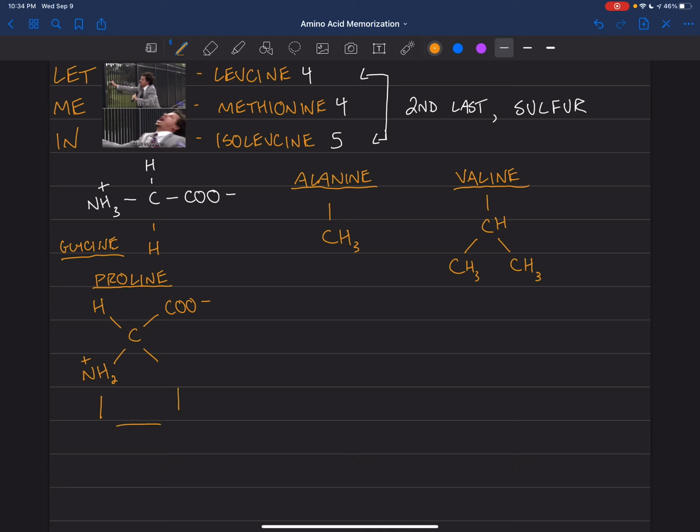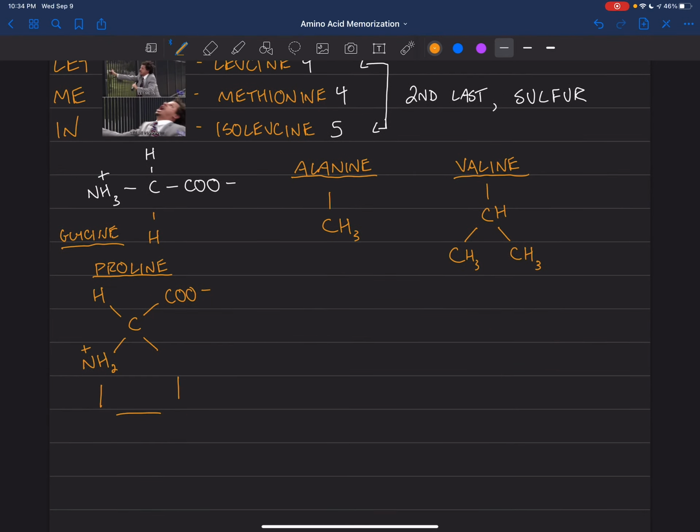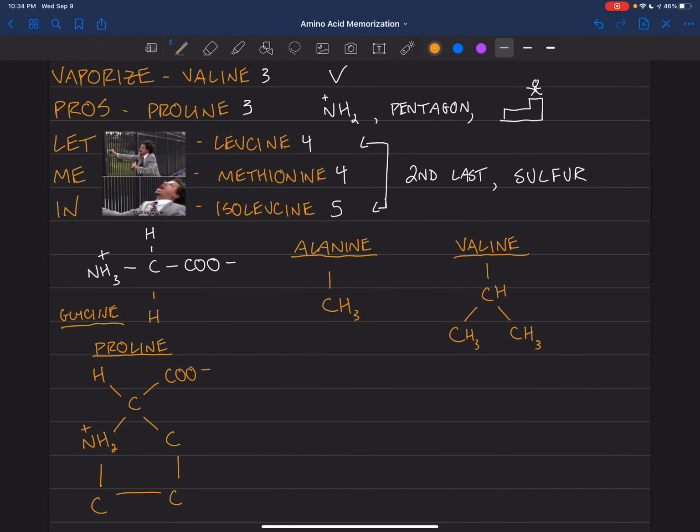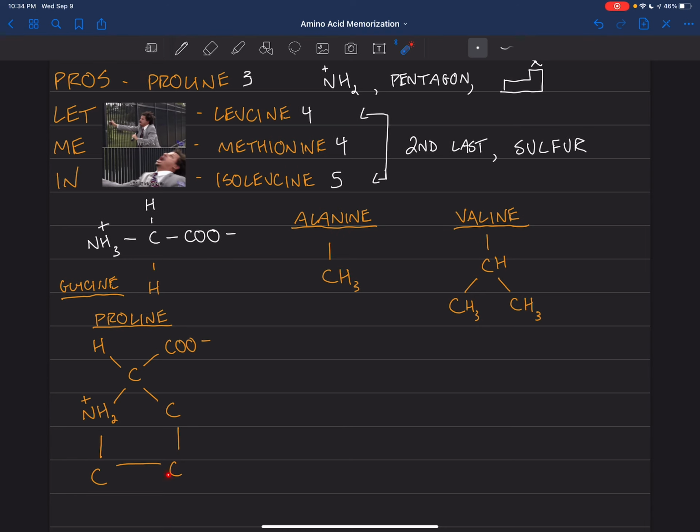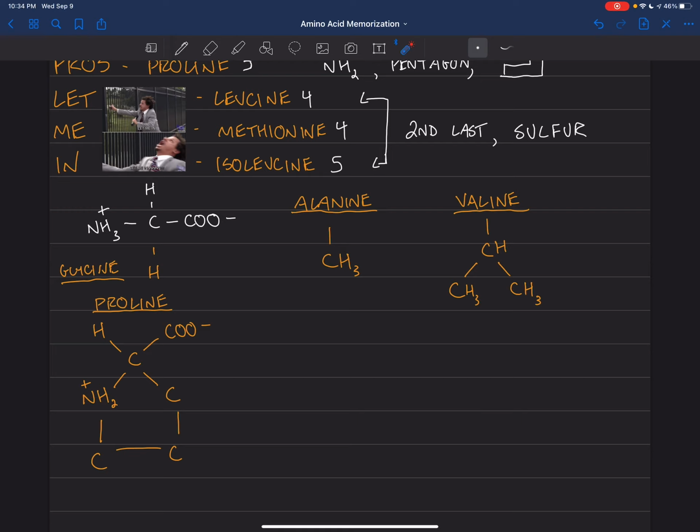So what do we fill the rest of it in with? Well, we just fill it in with carbons, okay? And remember that proline, using our code, has 3 parts, so we just put in 3 carbons. You do have to remember to make that NH2, to make that change, okay?